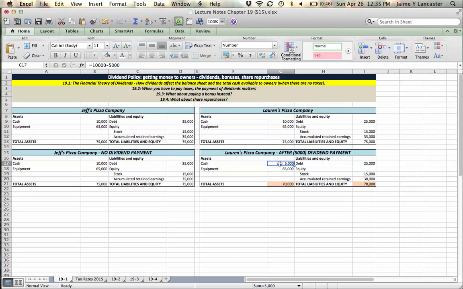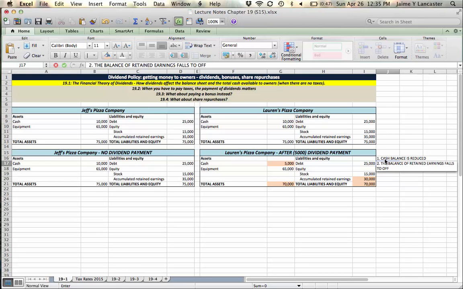So think of dividends as coming first out of cash, but they balance with a reduction from retained earnings. So those are the two things that happen when we pay the dividend. First is that the cash balance is reduced. The second is the balance of retained earnings falls to offset the fall in cash.